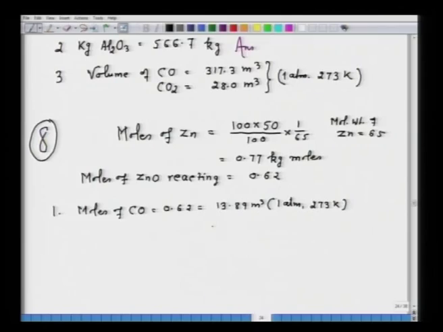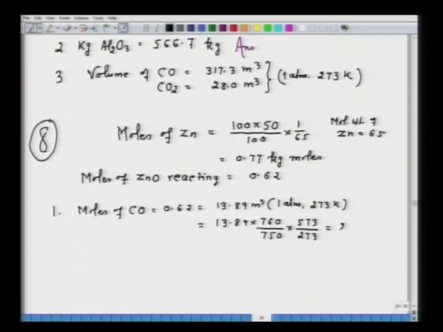The problem says you have to find out at 273 Kelvin and 760 millimeter of mercury, and also at 300 degree Celsius. So, that will be equal to 13.89 into 760 upon 750 into 573 upon 273.